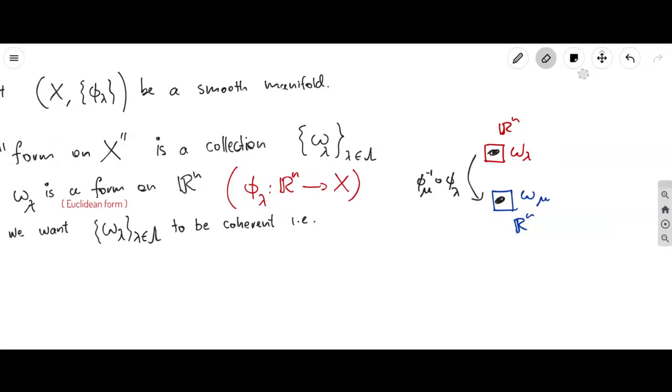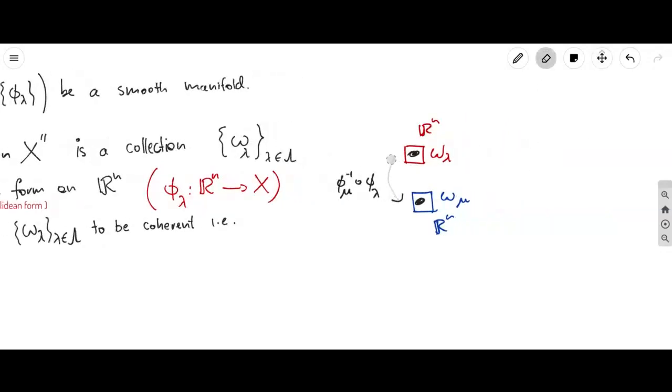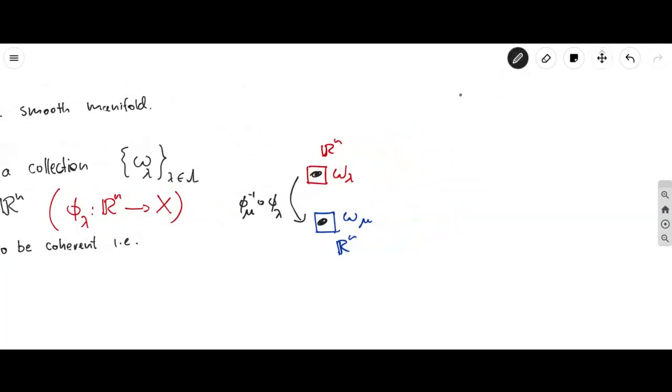Now, anytime you have a mapping between Euclidean spaces, that will induce a mapping in the other direction on forms. So maybe I should just remind you. In general, if U and V are open in Rn, and you have a mapping, let's call it F, from U to V, then you get the induced map on forms.